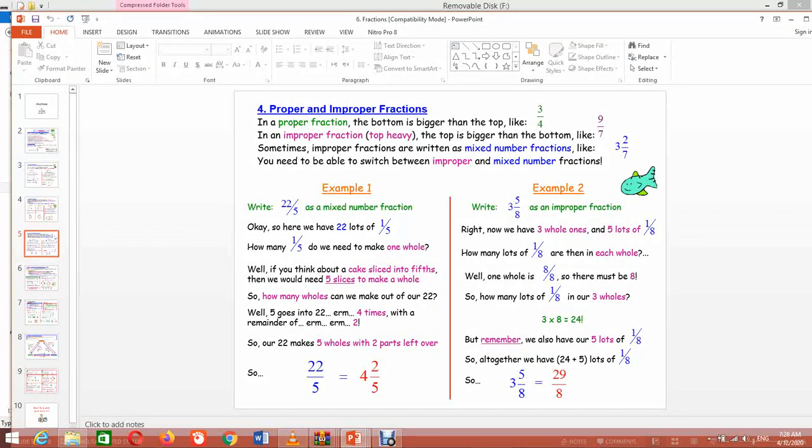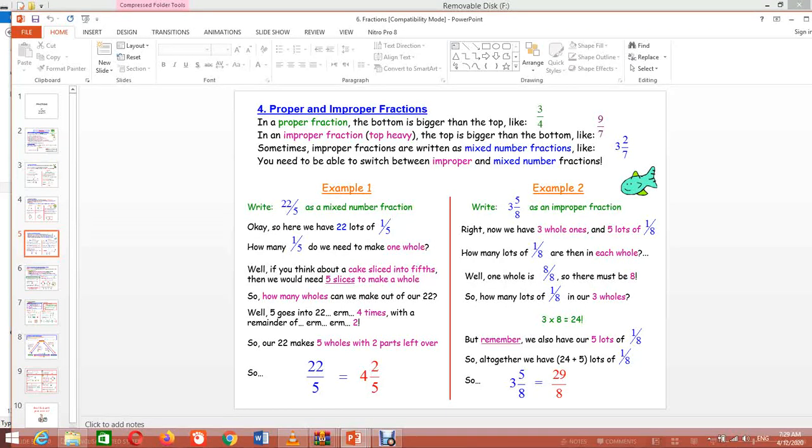Example 2. Write 3 whole number 5 over 8 as an improper fraction. Right now we have what? 3 whole ones and 5 lots of 1 over 8. Meaning, how many lots of 1 over 8 are there in each whole? So here, we multiply 3 by 8, which is equal to 24.